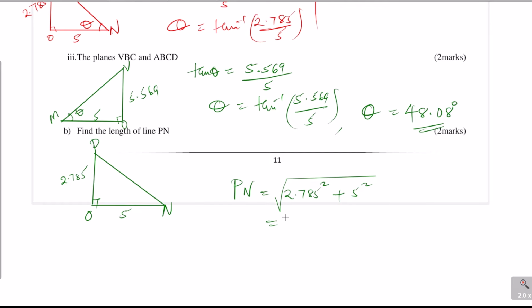When you get the square root of that, this is going to give 5.723 centimeters. And that is how you're supposed to solve that question on three-dimensional geometry.